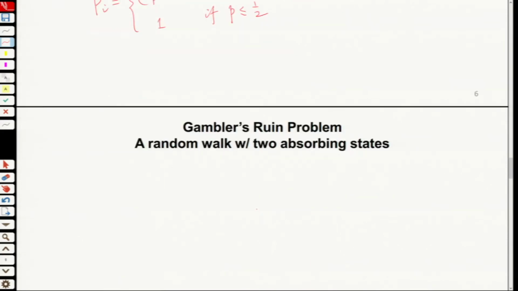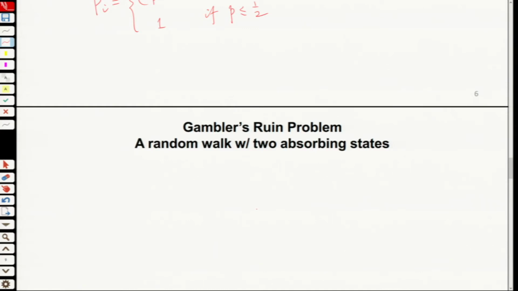Now, you talked about one absorbing state. You said in that scenario we have infinity, right? But now suppose we have two people playing against each other. I have $10, you have $20. Now obviously we have two absorbing states because either I lose or you lose, right? So then in this random walk, both of them are limited.